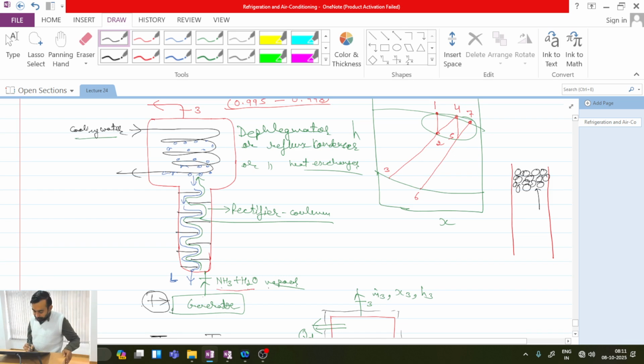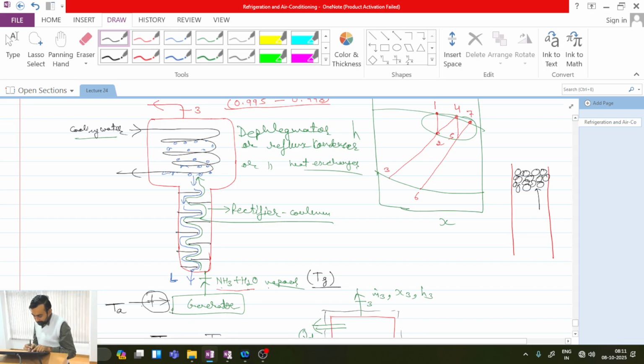So whatever ammonia and water vapor is leaving the generator typically goes at Tg, which is the temperature of the generator, and the strong solution entering the generator typically enters after the absorber, so its temperature should be close to the absorber temperature if pump work is negligible. Okay, is this point clear? So it means this Ta temperature is very low in comparison to Tg.